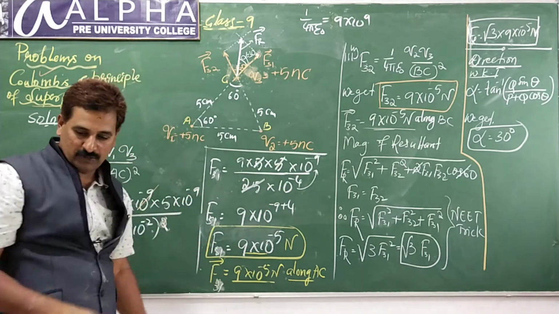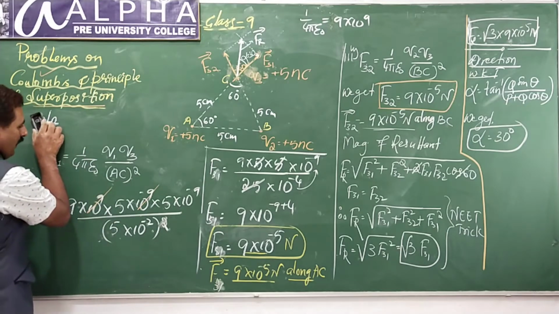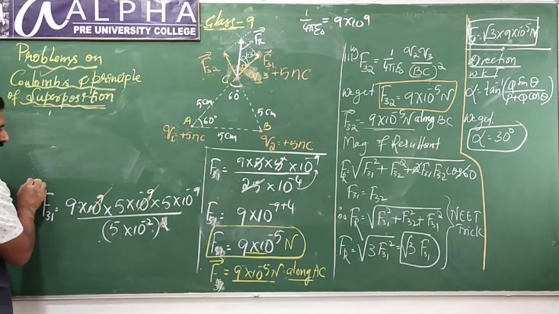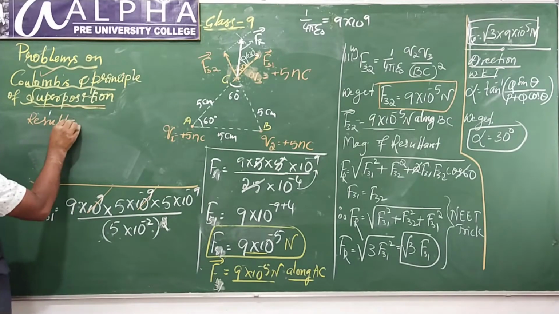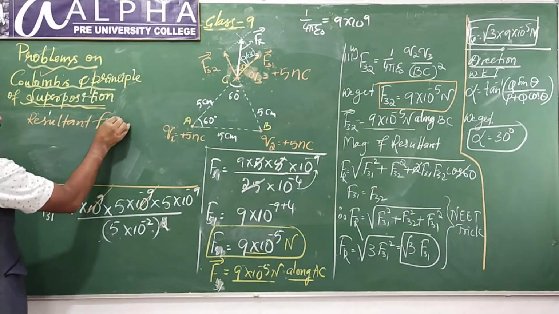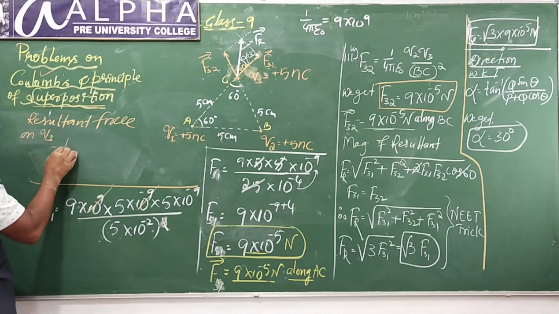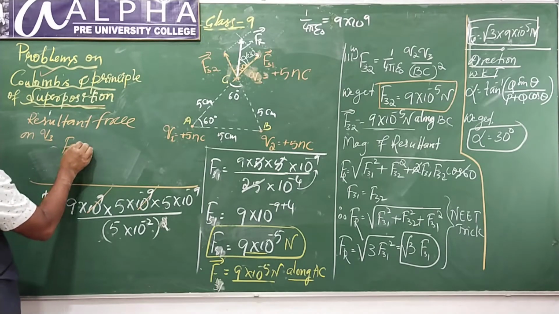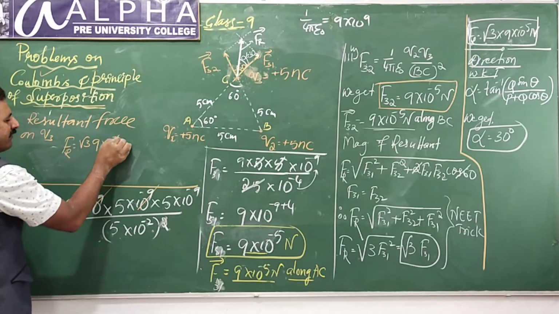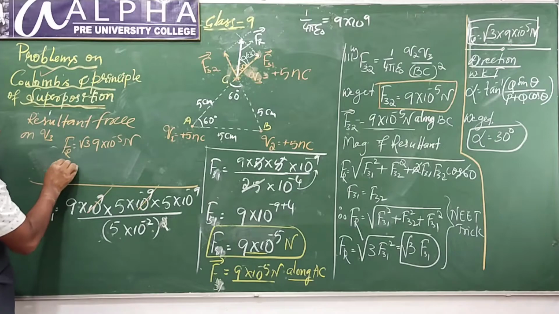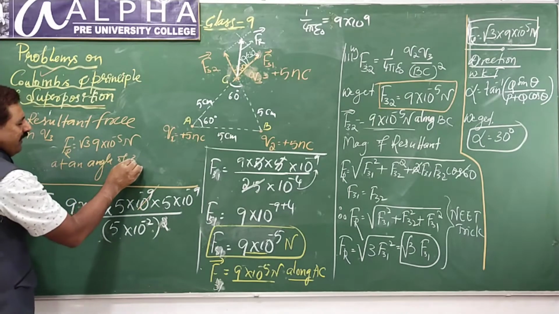So, what is the final answer? How do you represent your final answer? Let me write the final answer, removing this. The final answer is the resultant force on charge Q3: Fr is root 3 times 9 times 10 to the power minus 5 Newton at an angle of 30 degrees.